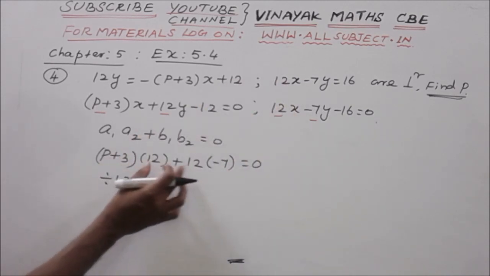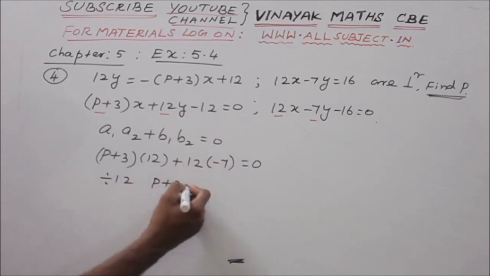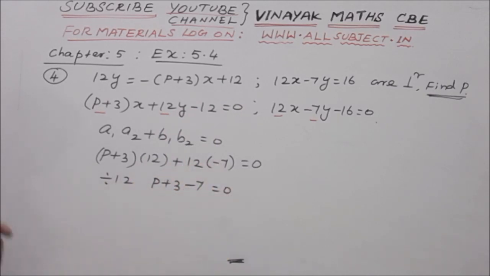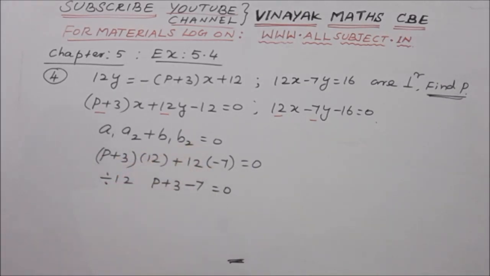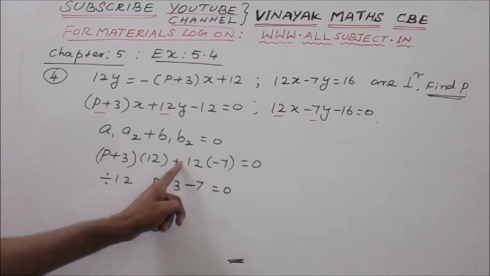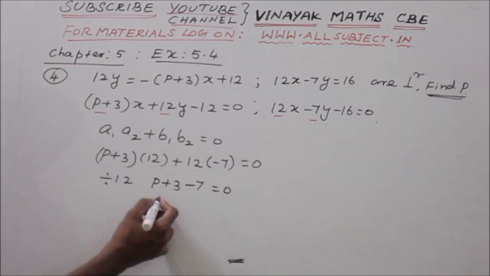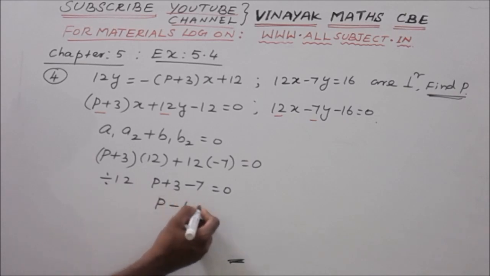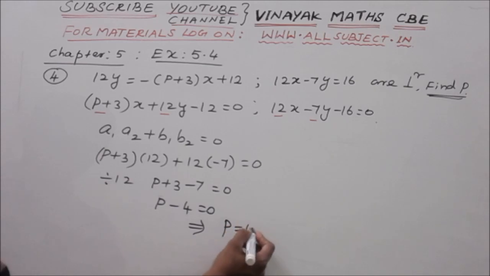When divided by 12, these two terms eliminate, then p plus 3 minus 7 equal to 0. Are you clear? Dividing by 12, these 12 and 12 get cancelled. Remaining is p plus 3 and then plus into minus 7 remains. Now p minus 4 equal to 0, which implies the value of p equal to 4.